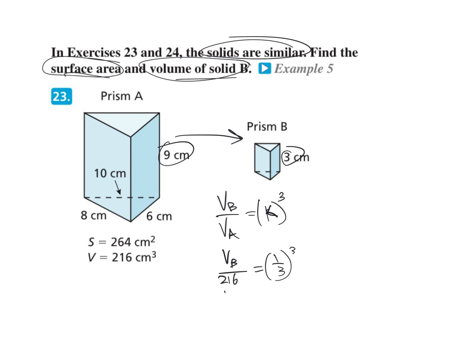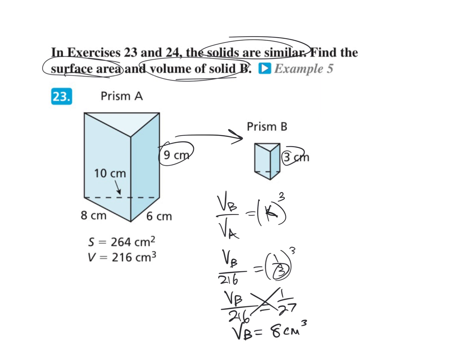So we get the volume of B over 216 equals 1 over 27. 3 times 3 times 3 is 27. So we're going to cross multiply, and that means we're going to take 216 divided by 27, and that gives us the volume of B to be 8 cubic centimeters.